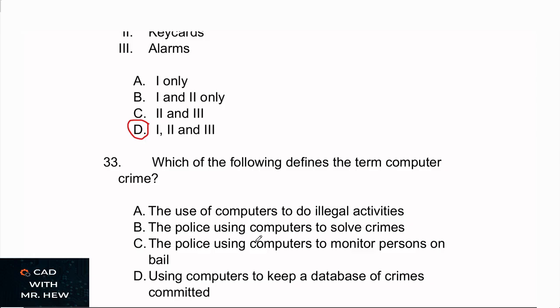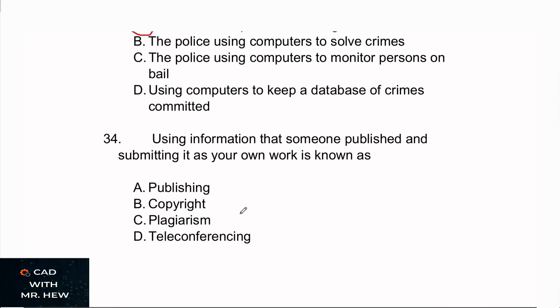C. The police using computers to monitor persons on bail. D. Using computers to keep a database of crimes committed. So the definition for computer crime is the use of computers to do illegal activities. So the answer is A.